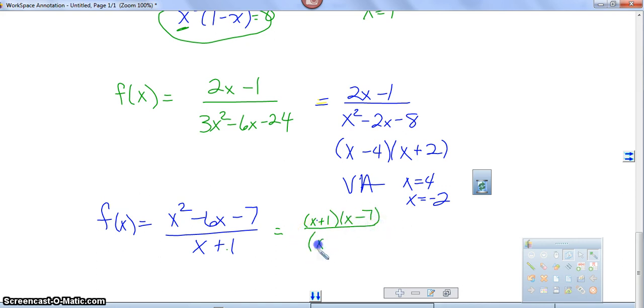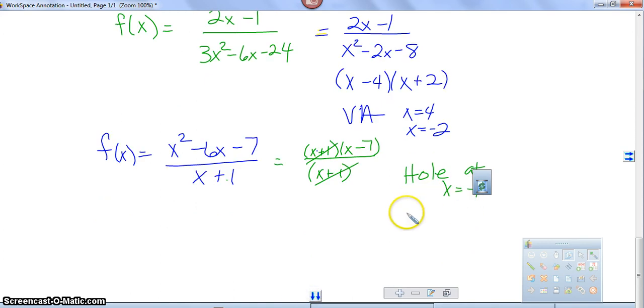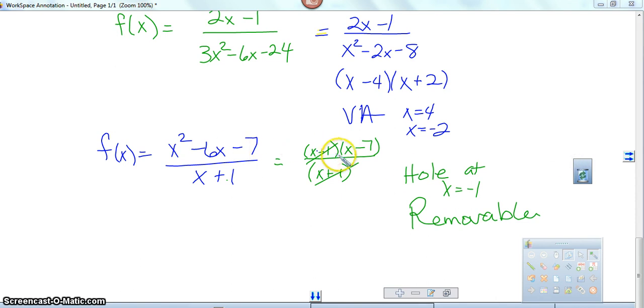And down here I get x plus 1. These cancel. So that means there's a hole at x equals negative 1, which is what we talked about is removable discontinuity. And there's no longer a vertical asymptote, meaning there would be a limit because it's removable.